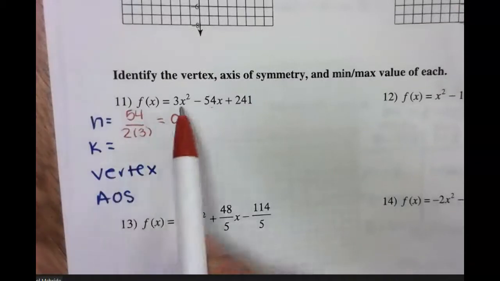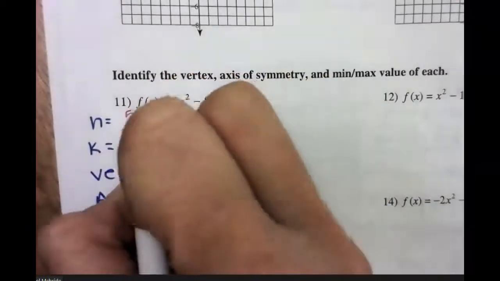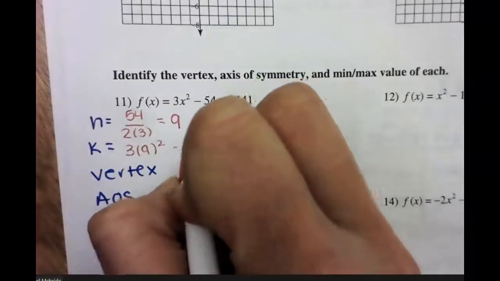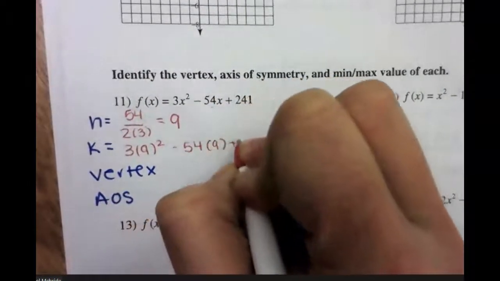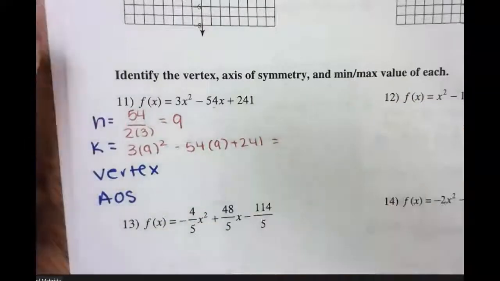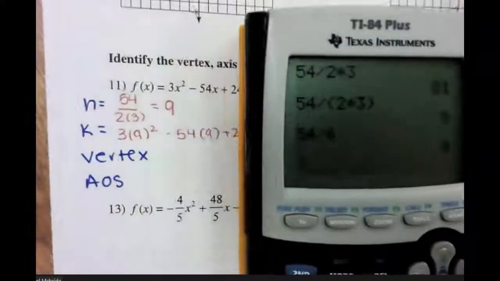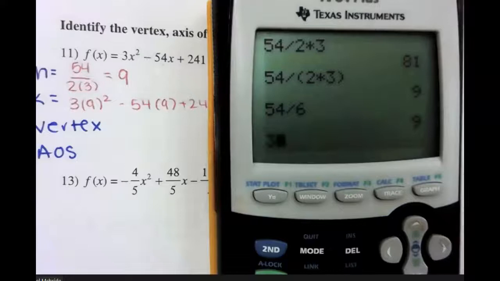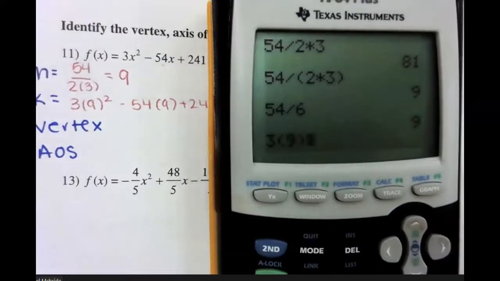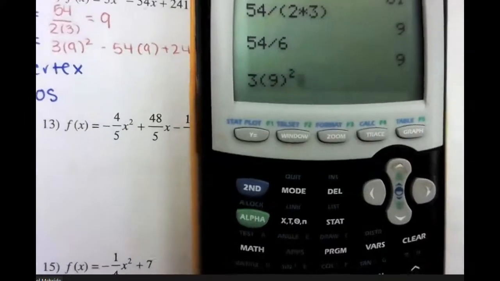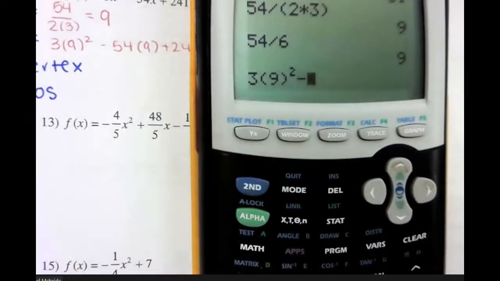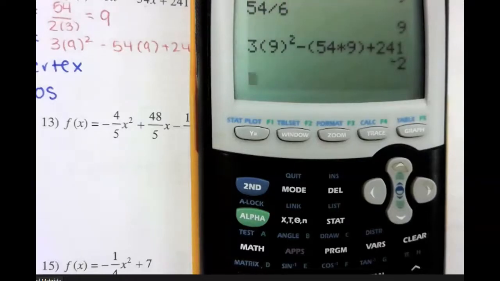To get K, you just plug it in. So again, if you have a calculator, which again, they're readily available for you during class, you would want to take 3, make sure you put 9 in parentheses, square that, minus 54 times 9 in parentheses again, plus 241.